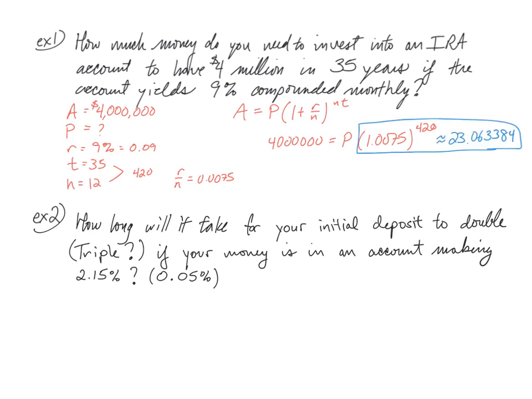And as it turns out, if you take 1.0075 to the 420 power, you get 23.063384, approximately.